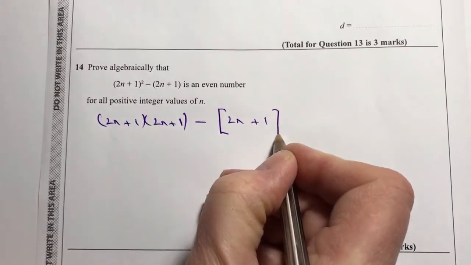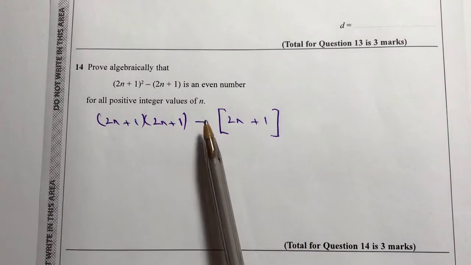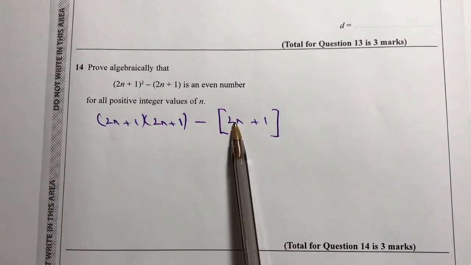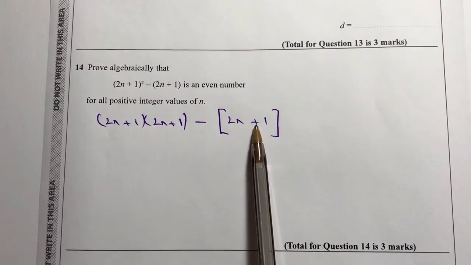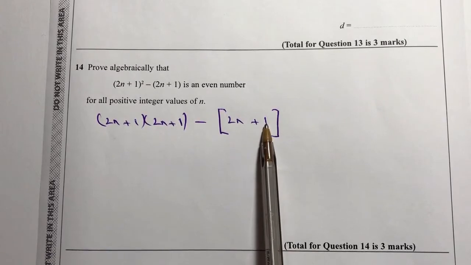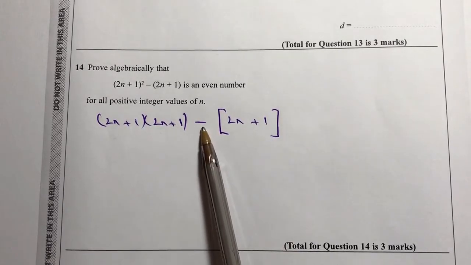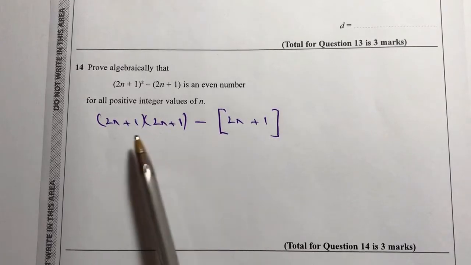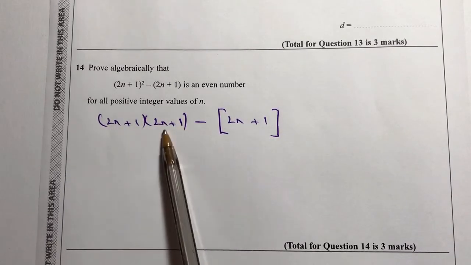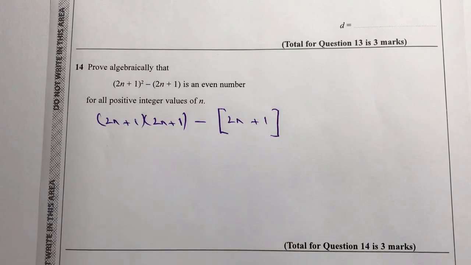The reason I do that is because this negative sign will have an impact on the 2n and also the plus 1. This effectively will become minus 1 when you multiply out by a negative. So let's concentrate initially on multiplying these 4 terms out.